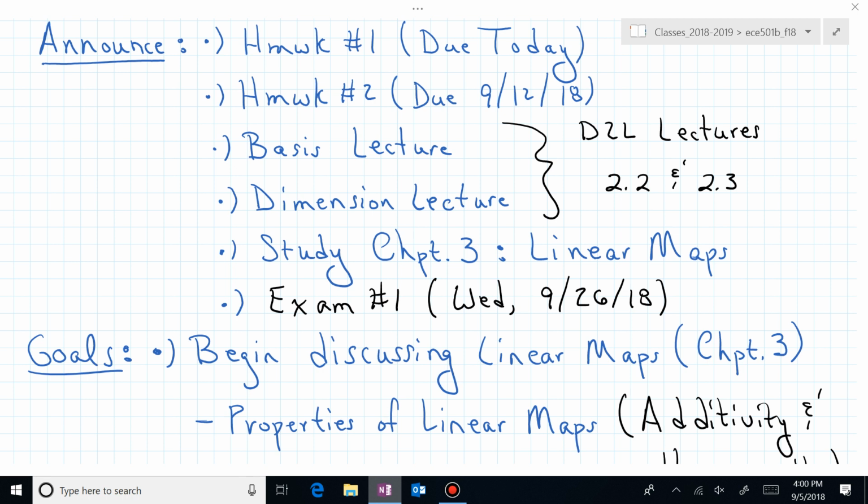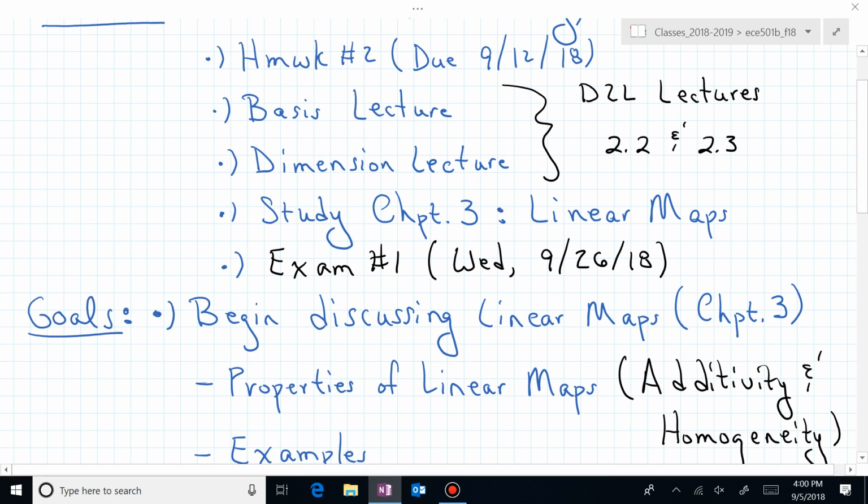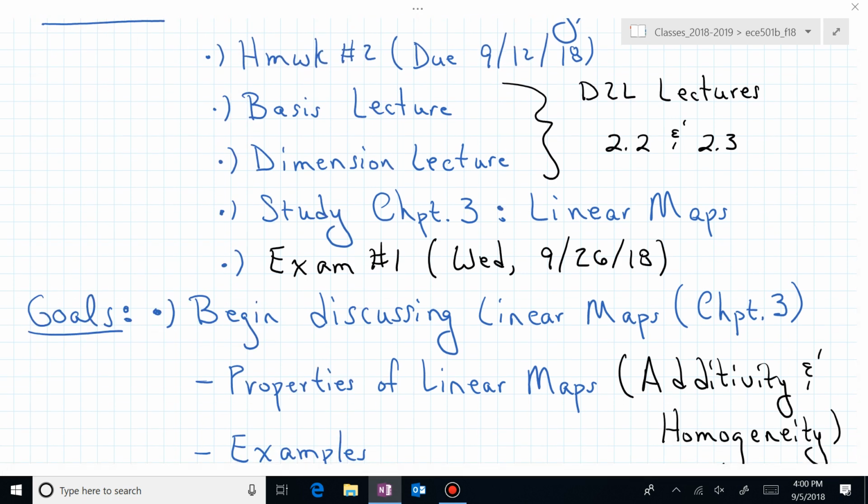This is Wednesday. We had a long weekend, and hopefully over that long weekend, maybe you were able to look at some additional material, in particular the last pieces of Chapter 2 that we are going to cover in a lecture format. And then today we will actually start linear maps, which is Chapter 3, and that's what you need to be studying, is Chapter 3.